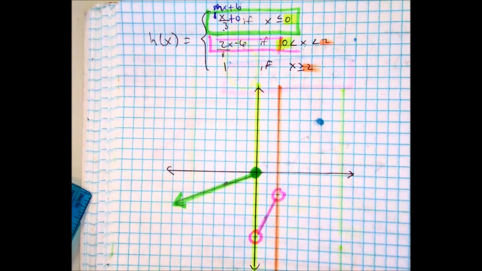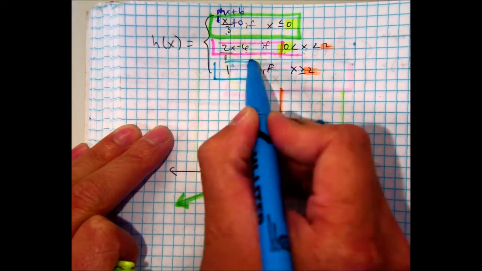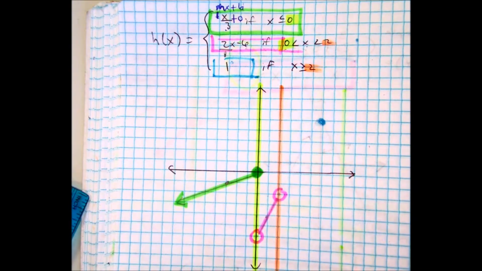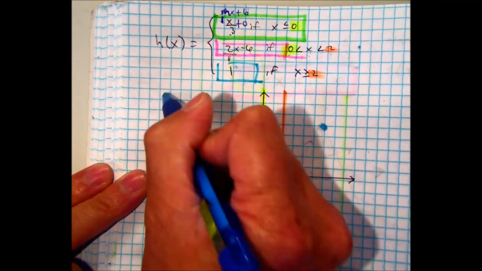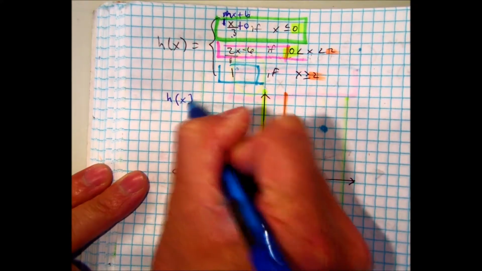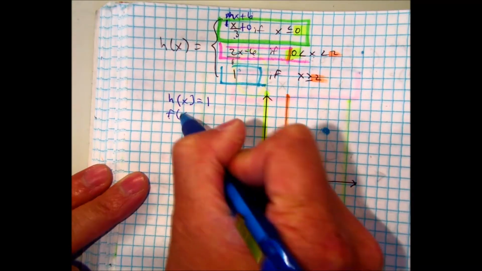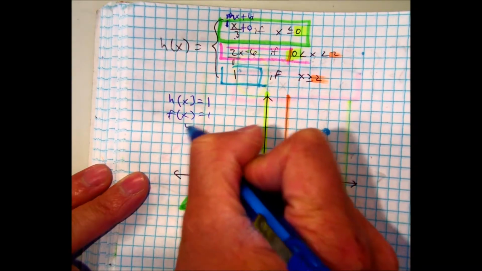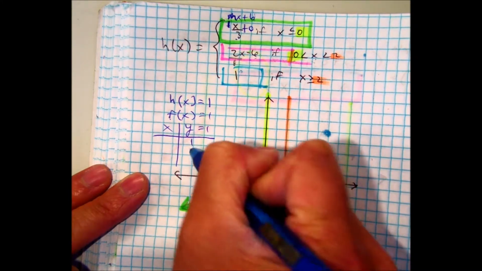And the last one, h of x is 1 if x is greater than 2. Remember we talked about h of x equals 1? You could think of that as f of x equals 1, or something simpler, y equals 1, and make a table of values. It's a constant.